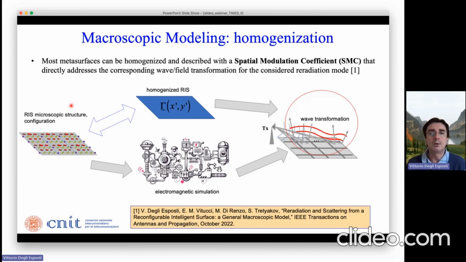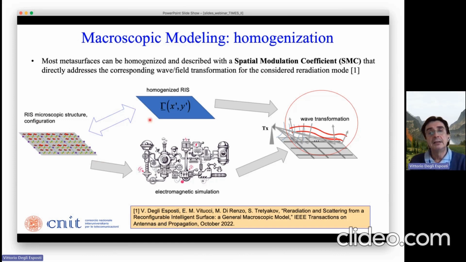But most of the time, especially for electrically small atoms, metasurfaces, the design starts right from a given target spatial modulation coefficient, and then the synthesis is done starting from this to derive the actual microstructure of the metasurface.